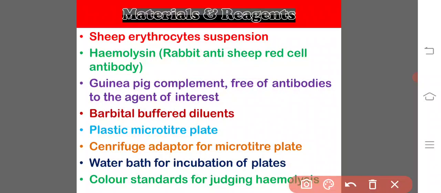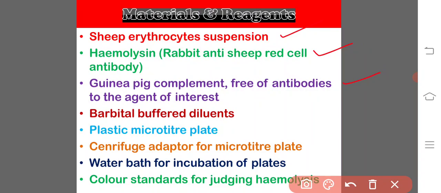Here, sheep erythrocyte suspension, that is a 5% suspension of washed sheep RBCs, hemolysin, rabbit anti-sheep red cell antibody, then guinea pig complement, which is free of antibodies to the agent of interest. Usually, guinea pig is the commonest source of fresh complement.